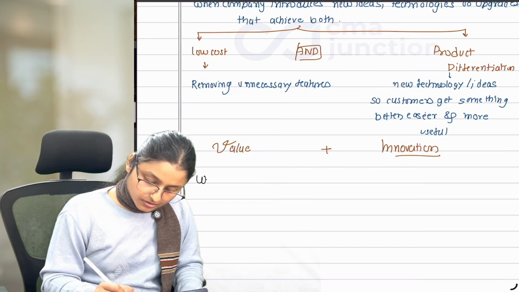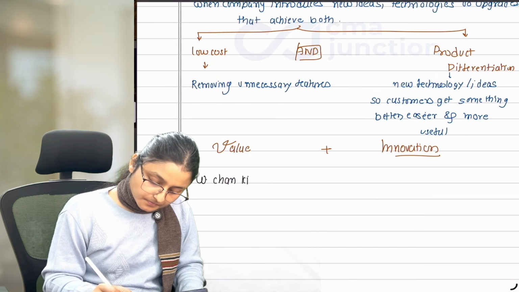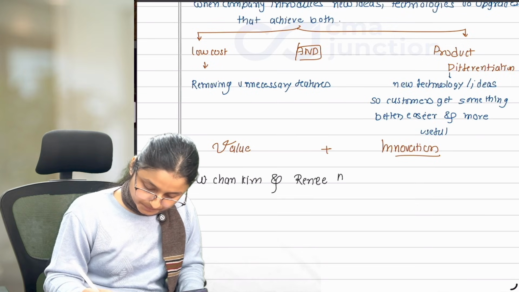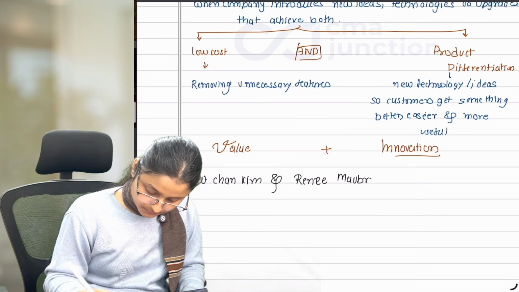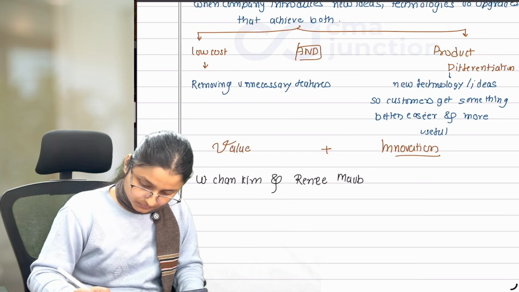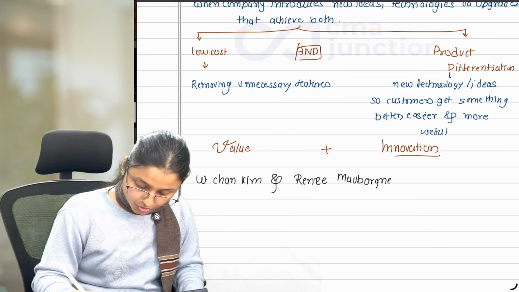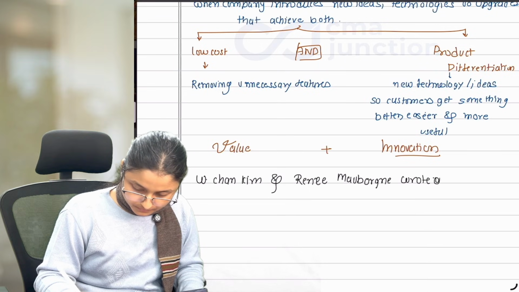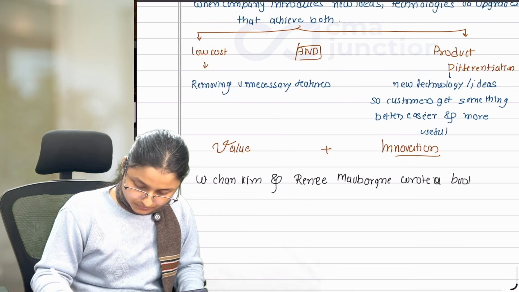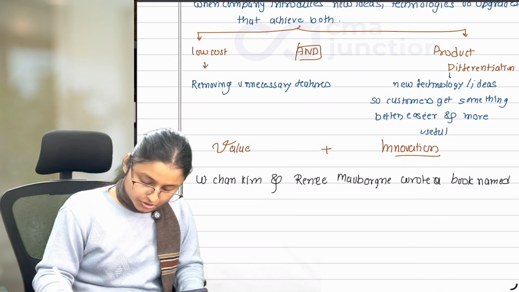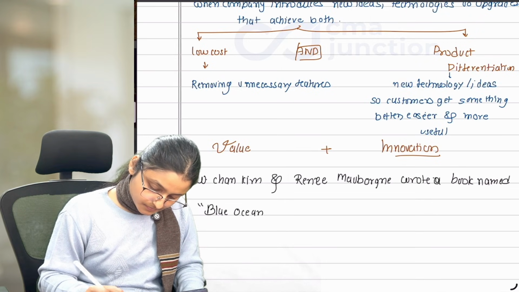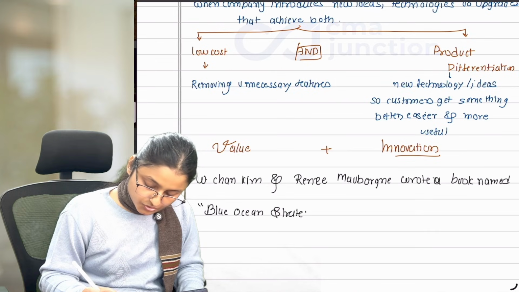Then what happened? W. Chan Kim and Rene Mauborgne wrote a book named Blue Ocean Strategy in 2005.